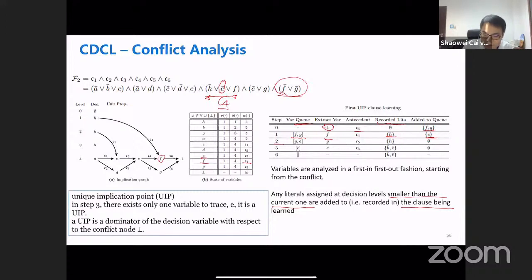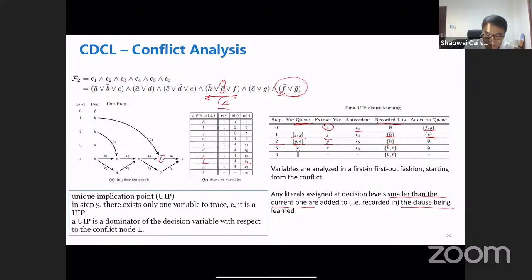Then in the next iteration, this Q becomes G and E, and we have recorded literal no H. Then we continue to analyze the variables step by step. This time, we get the top of the Q, which is variable G, and we check this table.